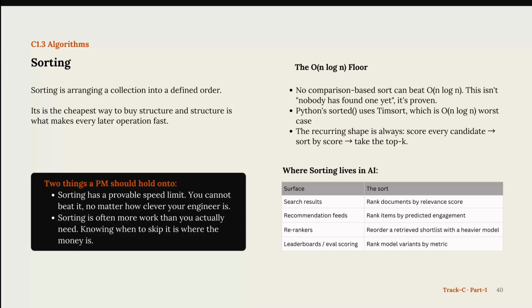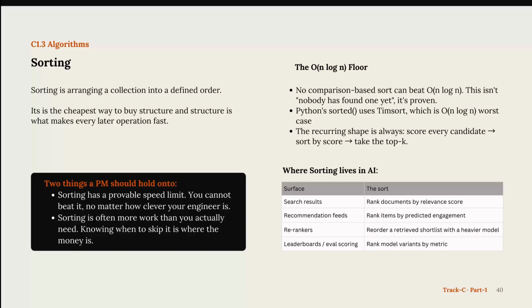Python's sorted function uses Timsort, which is of the order of n log n, the worst case or big O notation for the sorting algorithm. The recurring shape is always that you score every candidate, you sort by the score, and you take the top k. That's how the recurring functionality in AI works. When you look at the sort functionality for search results, you rank the documents by the relevance score and take the top k.